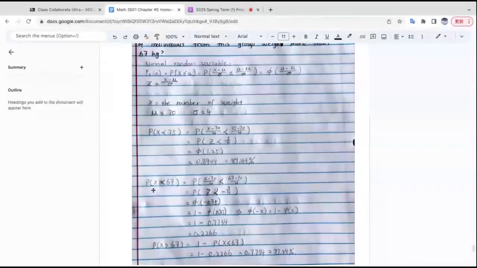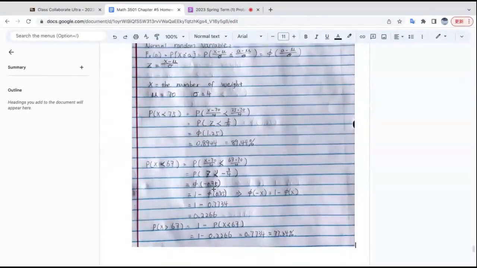Then the probability of more than 67 kg. I first calculate the probability of less than 67 kg, which is equal to the probability of (X minus 70) over 4 less than (67 minus 70) over 4, which is the probability of Z less than negative 3 over 4, equal to Phi of negative 0.75.